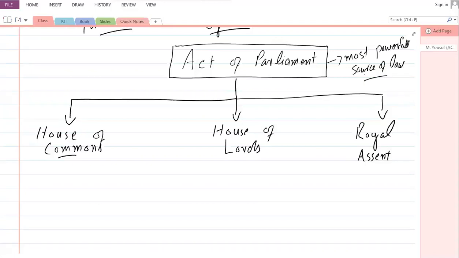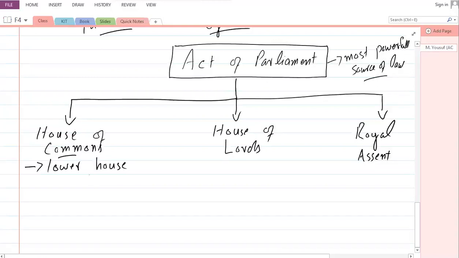So what is House of Commons? House of Commons is basically the lower house. What is the purpose of House of Commons? House of Commons includes different ministers of parliament.